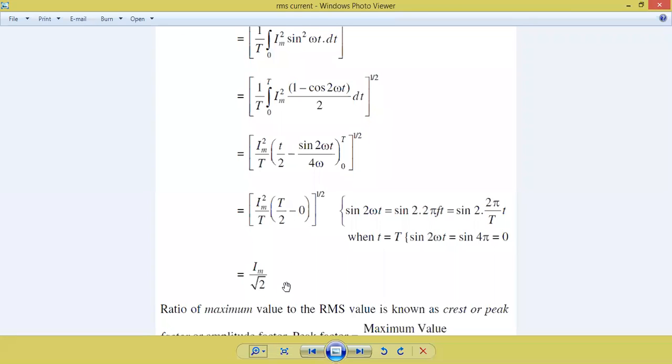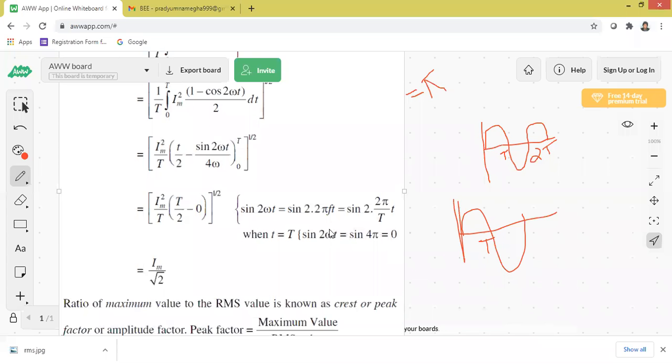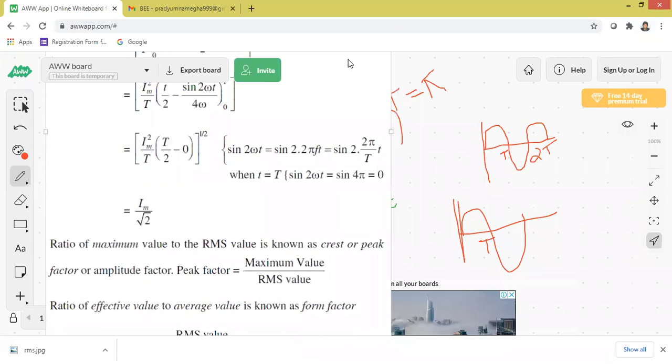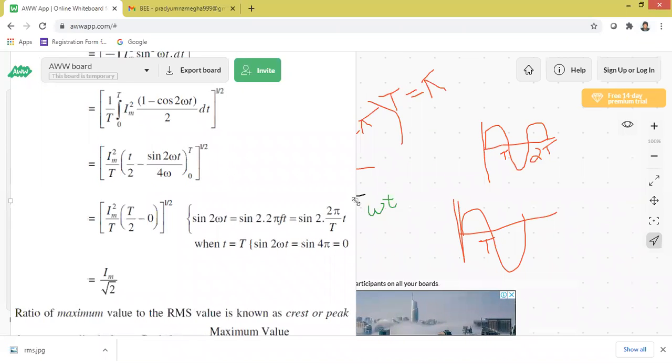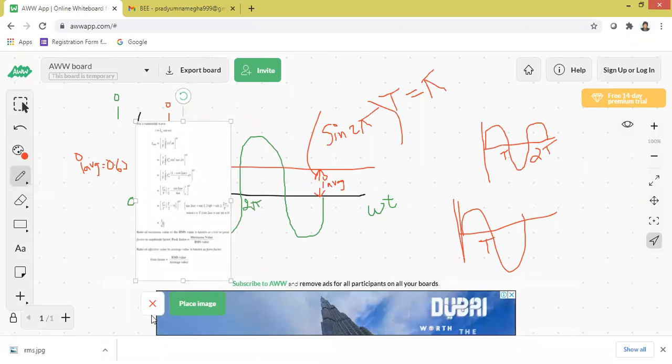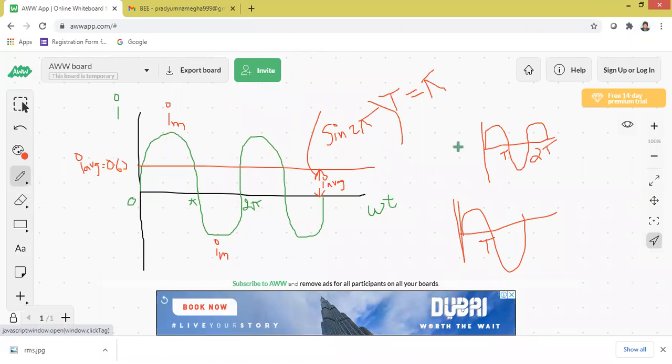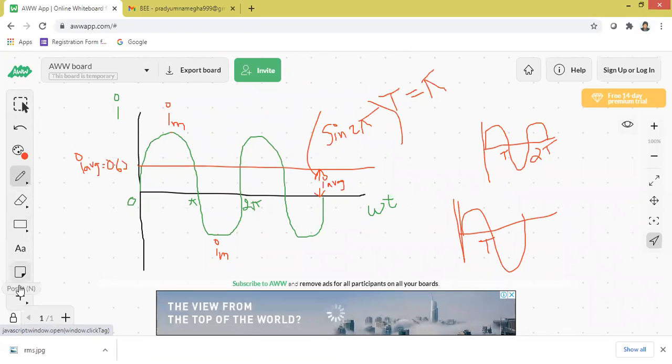0.707 into Im. So what is the RMS current formula? RMS current formula is what? Im by root 2, or 0.707 Im. So once again, 0.707. One second. Now we are going to complete the graph here. All of you remember the graph which you have drawn. Now all of you will complete that graph.